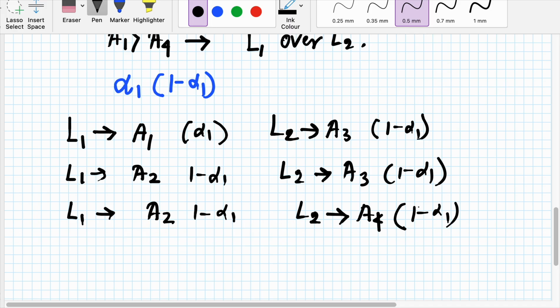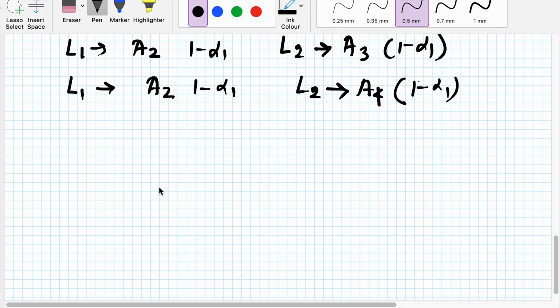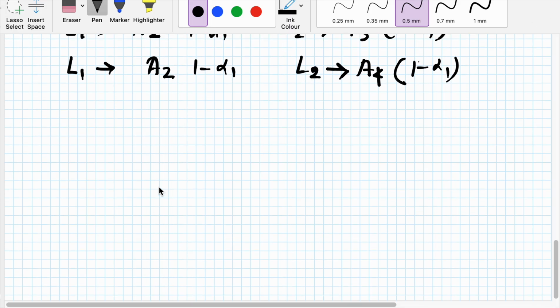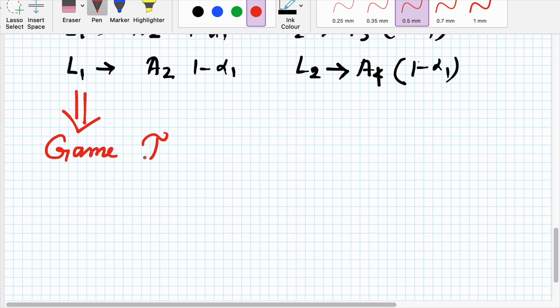Now let us go to the case of a game. Before going to the game, this was decision making under uncertainty, which is a recall of a previously learned concept. Now let us go to the case of game theory.